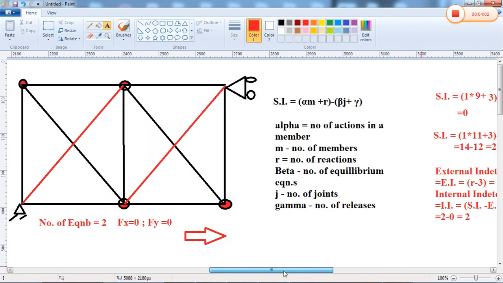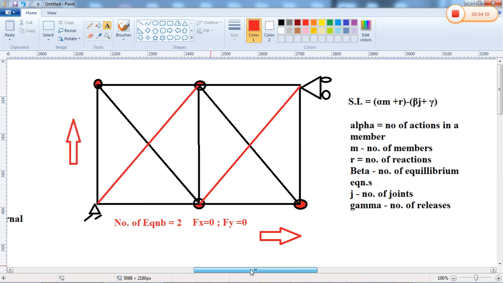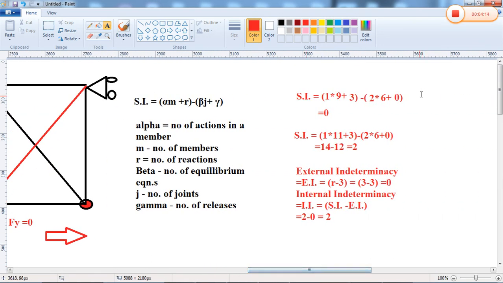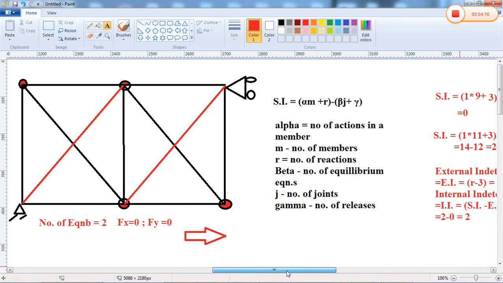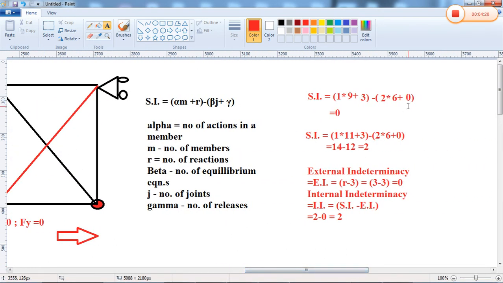Now the number of equilibrium equations is only 2 in a truss, because the internal joints are all pinned, so there is no moment in the equilibrium equations. And J is the number of joints, that's 6 here, plus no releases, it's 0, so the total static indeterminacy comes to be 0.